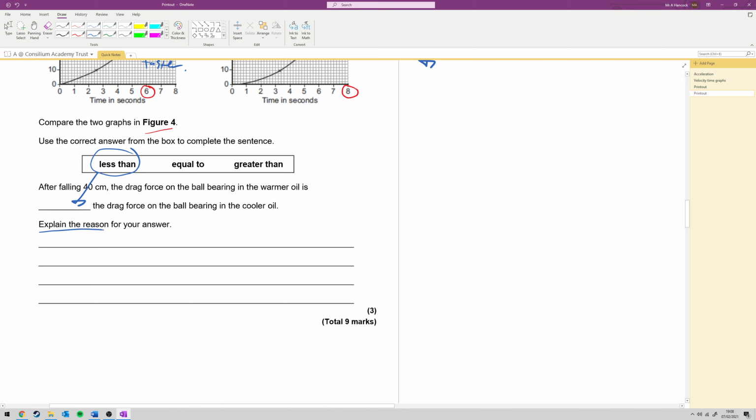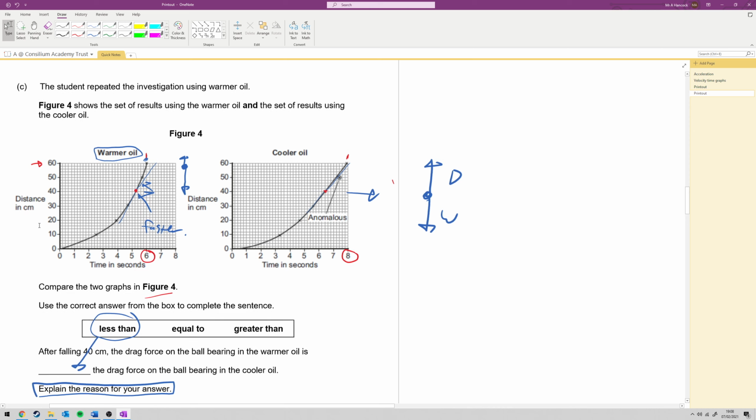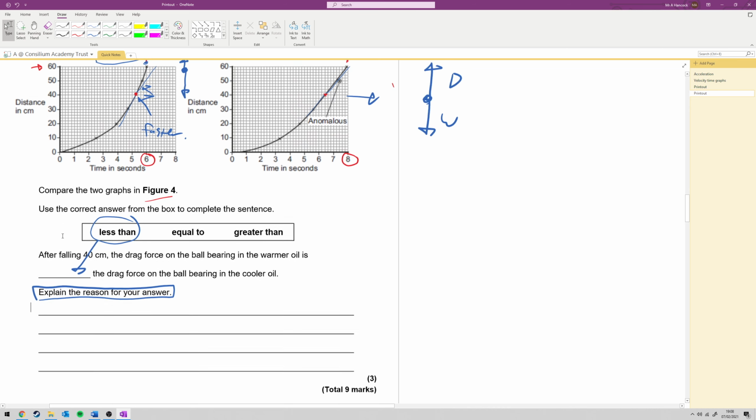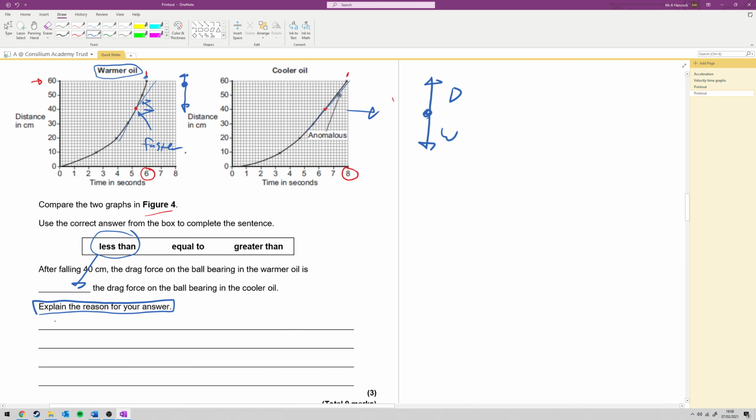So explain the reason for your answer. Now this is probably the most difficult question you'd get, this one that I've just gone through here. So you need to say in the cooler oil, so let's say at 4 seconds, at 4 seconds, cooler oil was at terminal velocity.